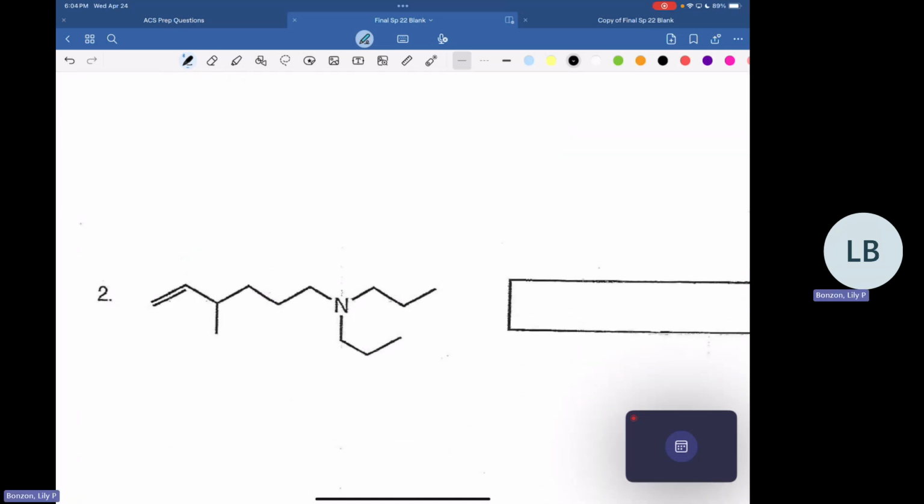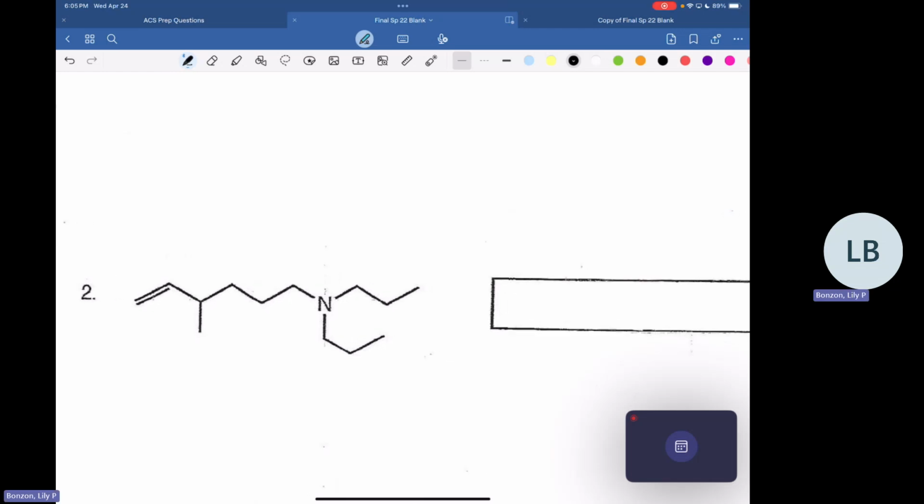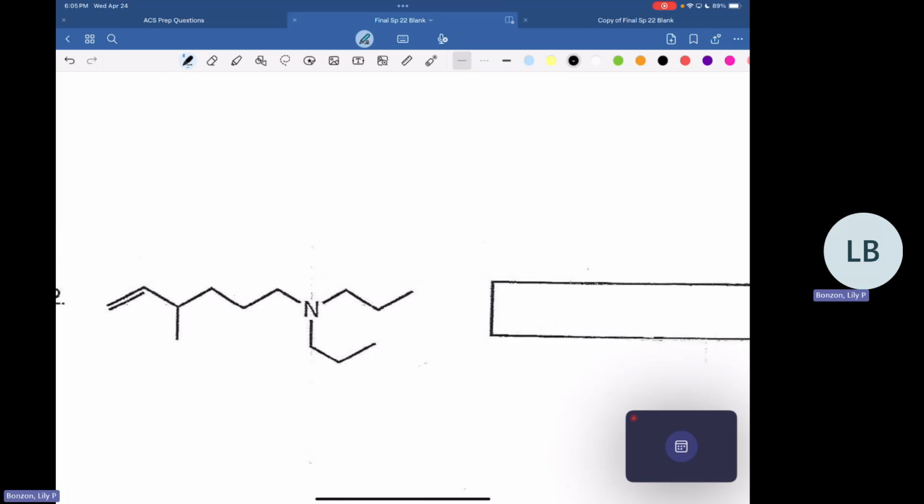Okay, so for this one, we only have this amine here and we have an alkene. So alkenes are functional groups, but they kind of go just in the name of the molecule. The functional group for this one is going to be the amine.